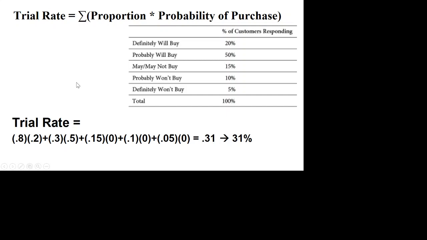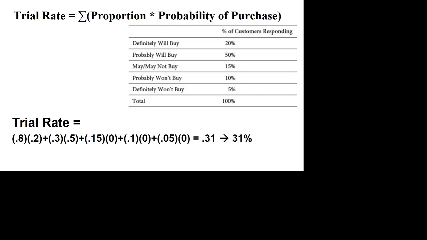Okay, so basically you're going to take each proportion and you're going to multiply it by the probability of purchase. But you're only going to do this for the definitelys and the probablys. Okay, so remember we said, definitelys, 80% of them actually follow through. Probablys, 30% of them follow through. The rest, they don't follow through at all.